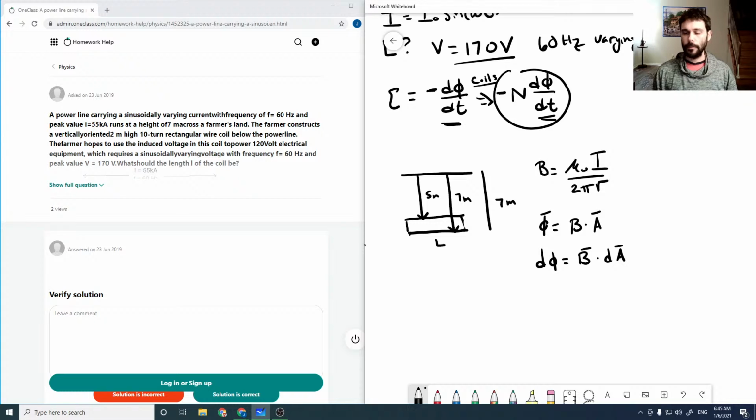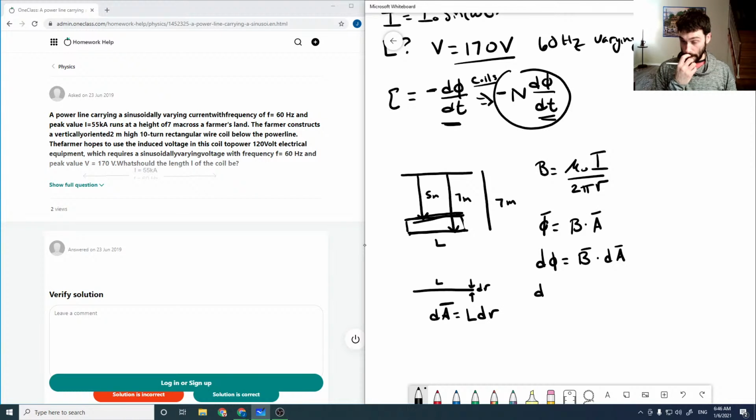So some incremental flux is B dot dA, where now my dA is going to be for a small area of length L and width dr. And then I'm going to integrate it from 5 meters to 7 meters away from the power line. So my dA, sorry, is L dr.